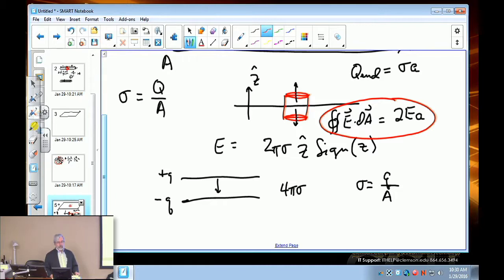Yes, sir? So what do you mean when you say you create a Gaussian surface? Yeah, it's in the imagination. You have obviously some physical arrangement of charges, but Gauss's law holds for any imaginary surface that you could construct. So you're free to draw any imaginary surface.